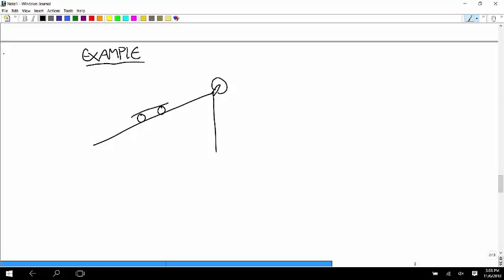So let's say we have a cart rolling on an incline. Let's say this has a mass of 1 kilogram. It's connected to a cable that goes over this pulley. And then on the other side of the pulley is this 0.5 kilogram mass.